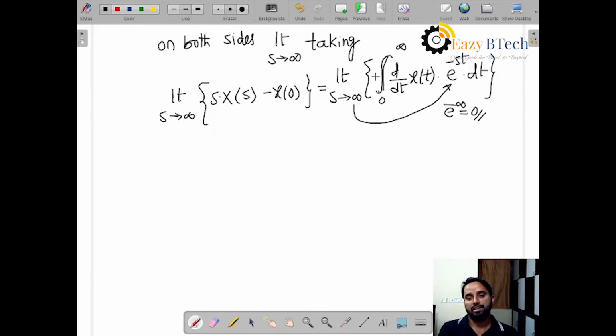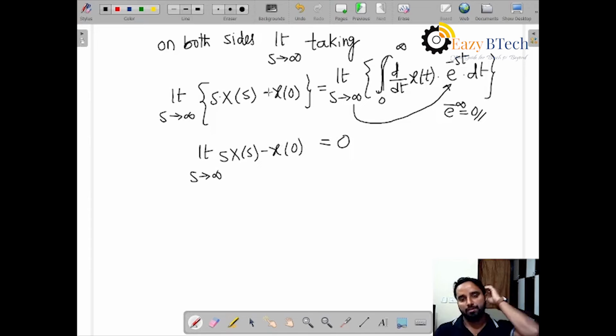So this total right side term will become 0, right? Then on the left side, the limit of s into X of s minus x of 0: for x of 0, the limit is not applicable because there is no s term. So by this we can tell x of 0 is equal to the limit as s tends to infinity of s into X of s. This is the proof. Very simple. Okay, this is the proof.